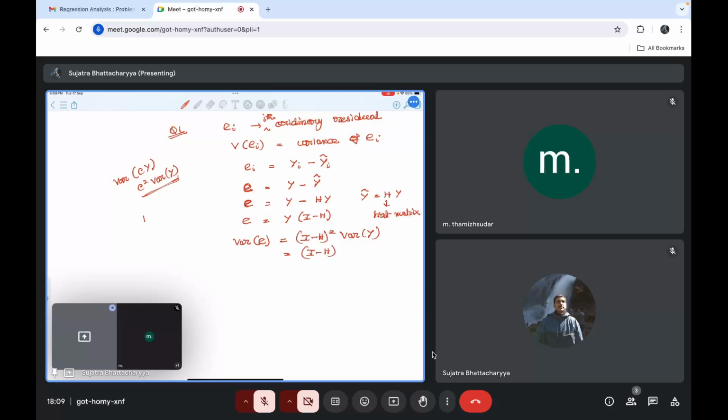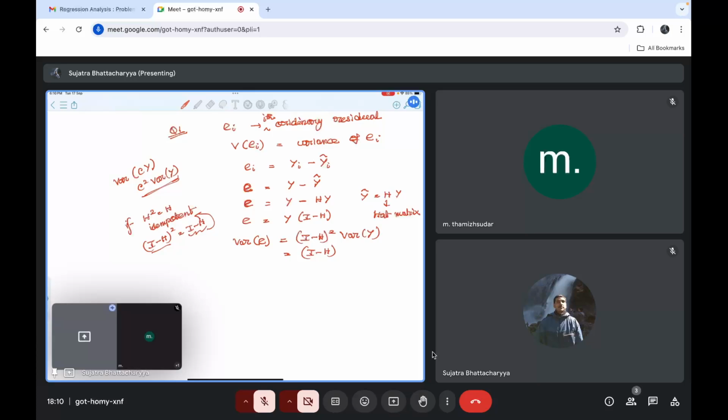Because the hat matrix is idempotent, that is H square is equal to H. If H is an idempotent matrix, then I minus H is also idempotent. This is the property.